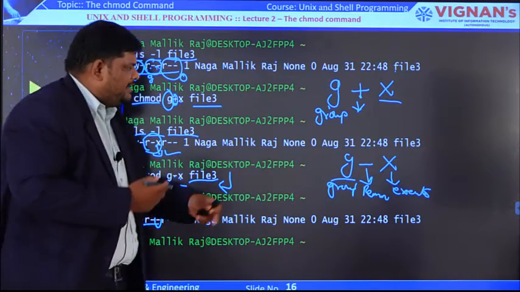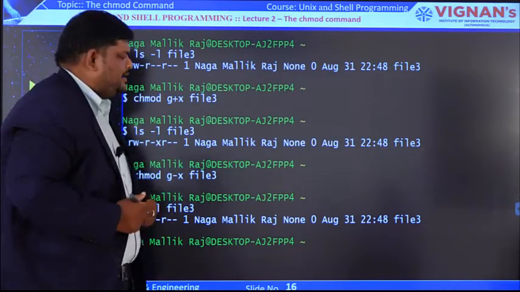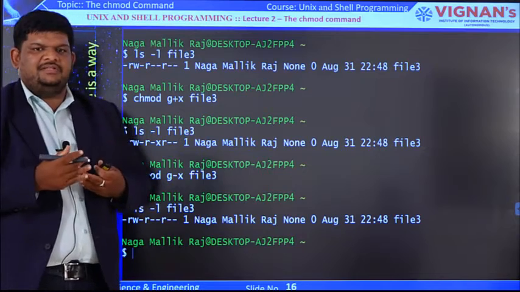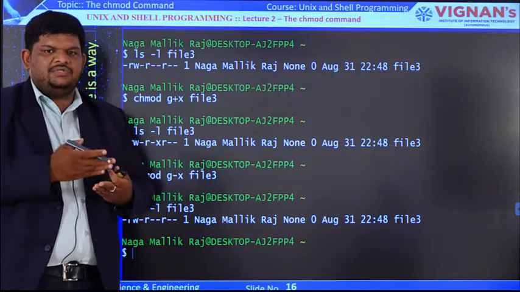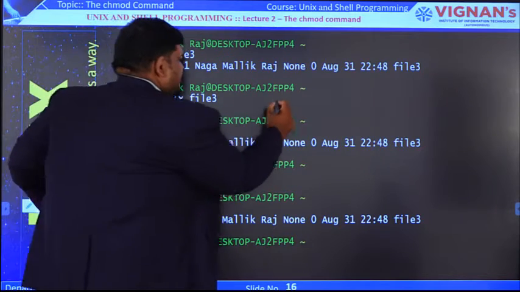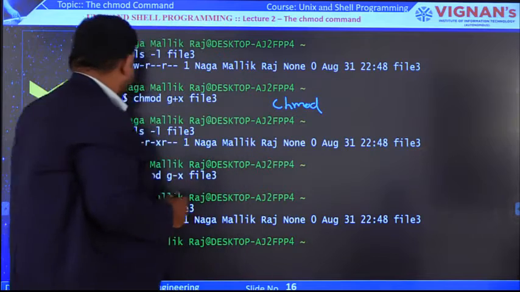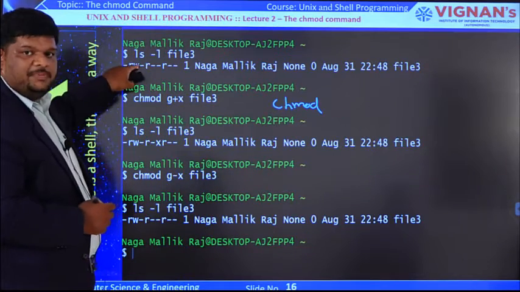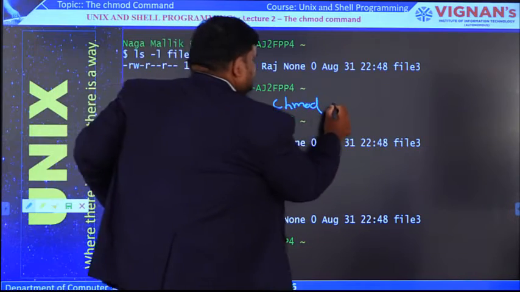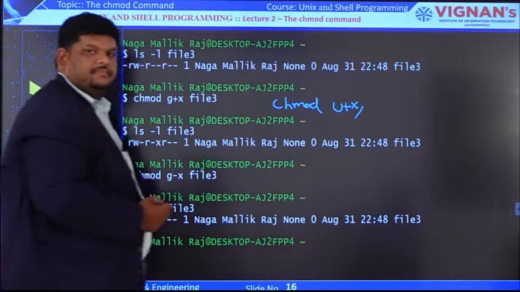Not only that, we can also use it like this. At a time we can change the permissions for all three: user, group, others. Let us check the change mode command. For example, for user there is no execute permission, so u plus x, comma.